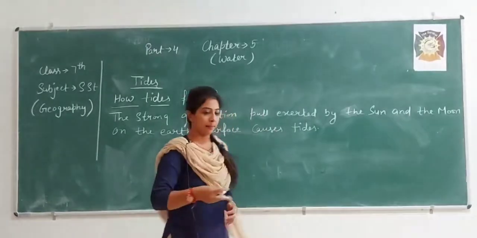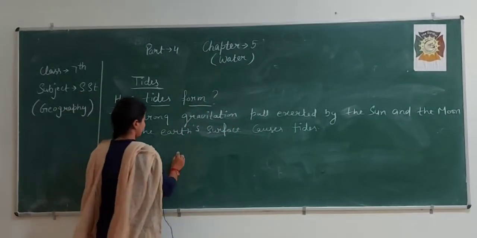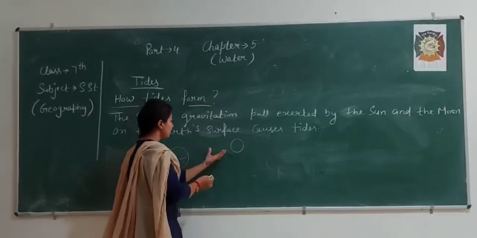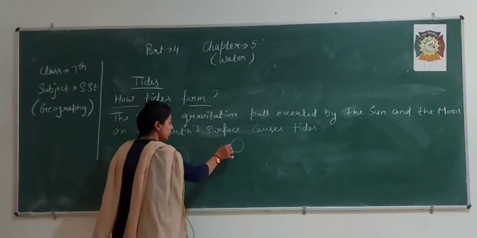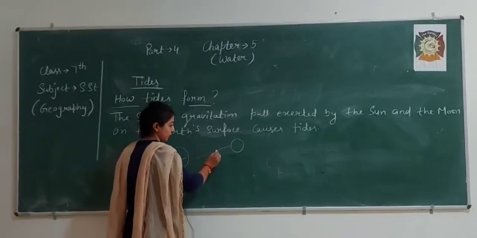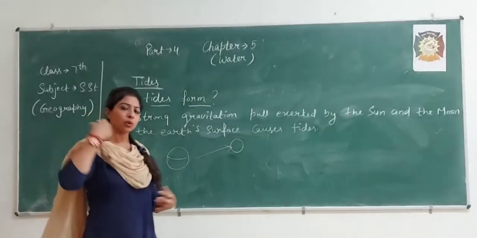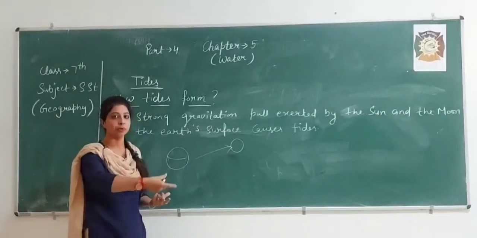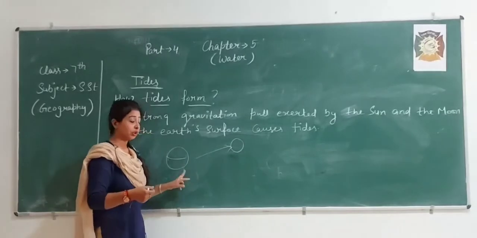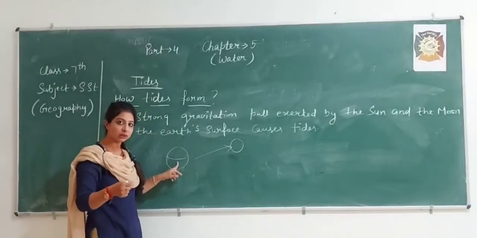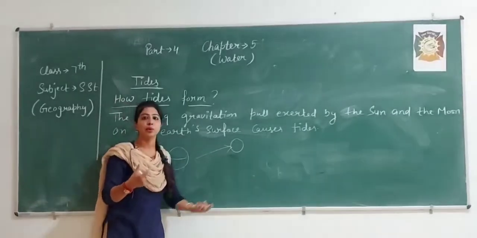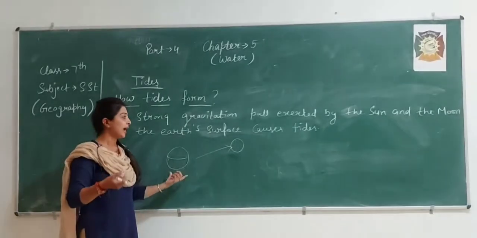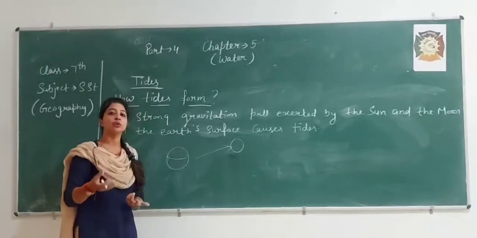For example, I'm explaining here, like this is our earth and this is moon. So moon is nearer to the earth than sun, so it always tries to pull the earth. But on the earth the land mass is there, and that land mass is not possible to pull over. But the water portion which is on earth can easily be pulled by the moon. Why? Because that water portion is fluid, and gravitational force works on that fluid.